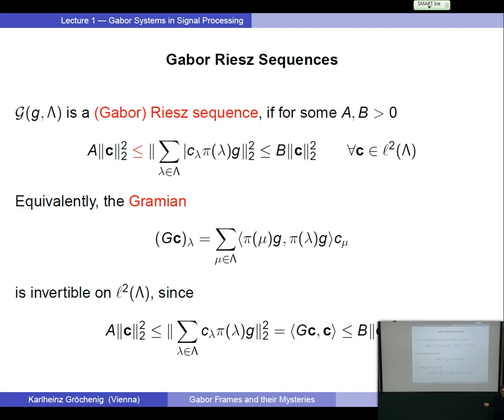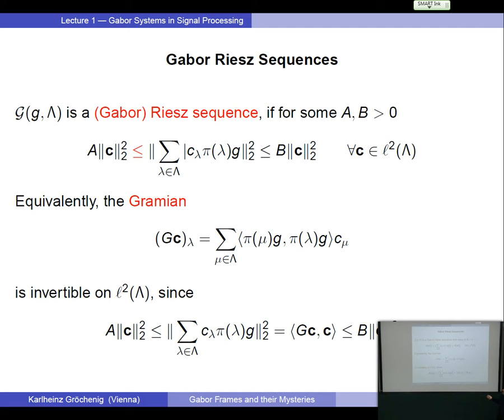For decoding at the receiver, you need some conditions, and that's the condition of a Riesz sequence. You require that this series, which is now a function in L2, has a 2-norm equivalent to the 2-norm of the coefficients. Then you have a stable reconstruction by means of the Gramian.